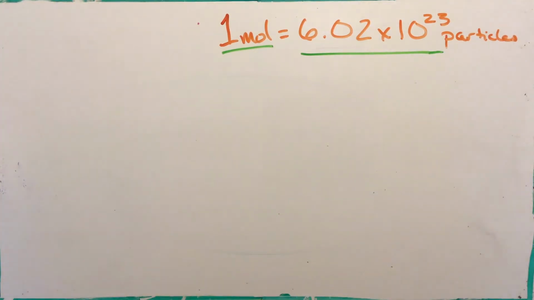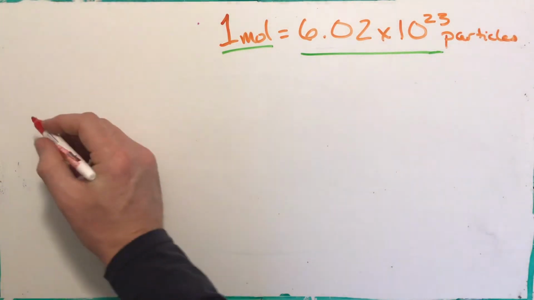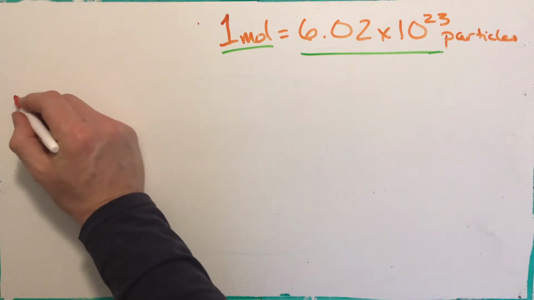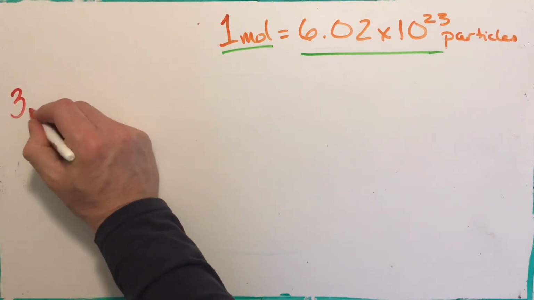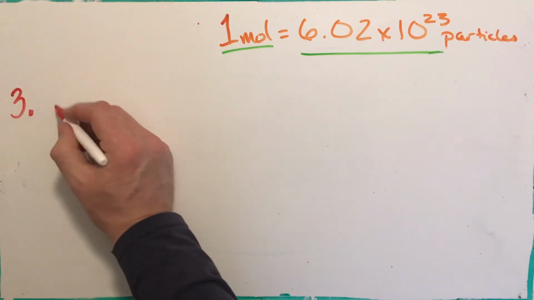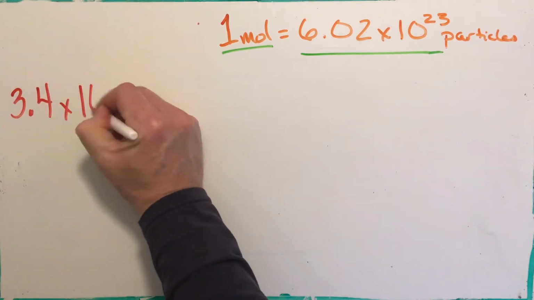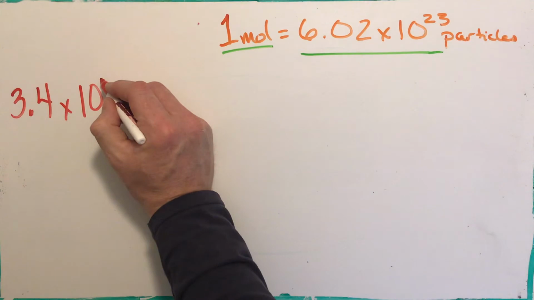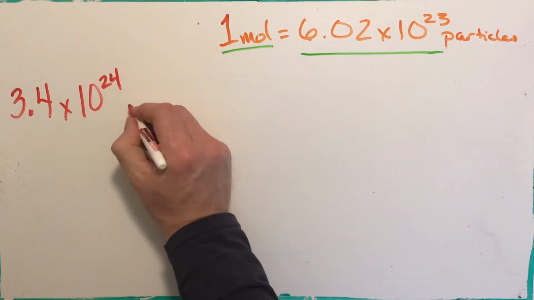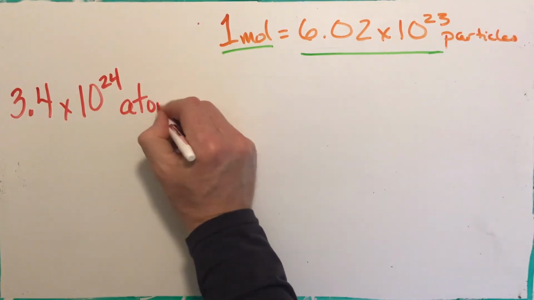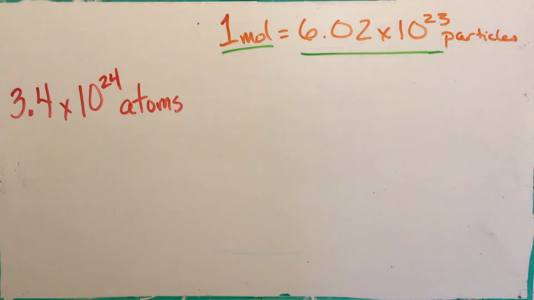So our first example, what if I had 3.4 times 10 to the 24 atoms of calcium or copper, carbon, oxygen, whatever it happens to be.